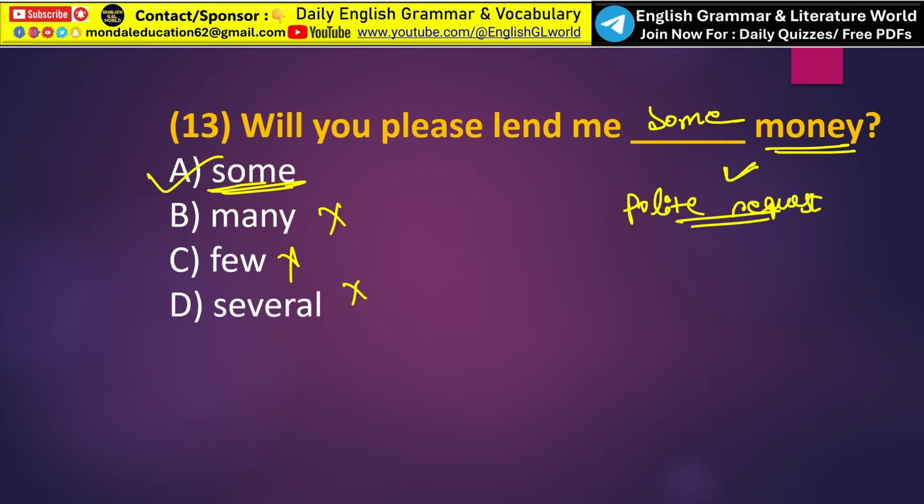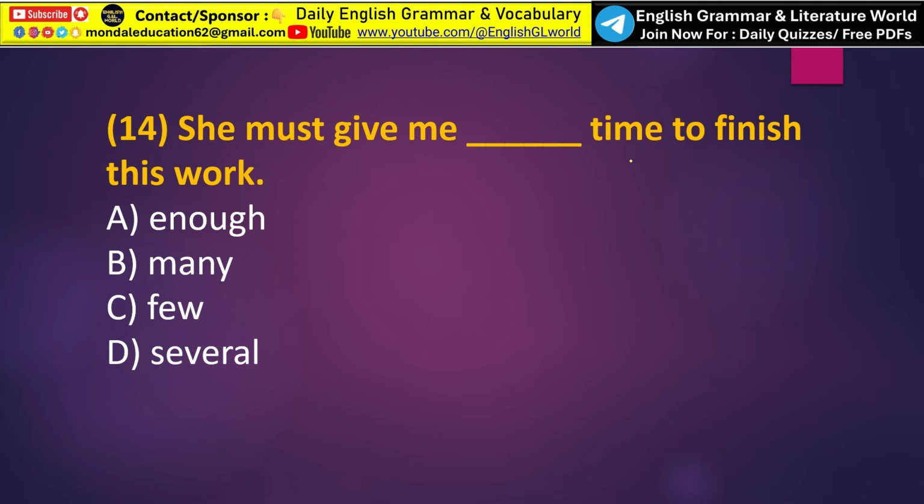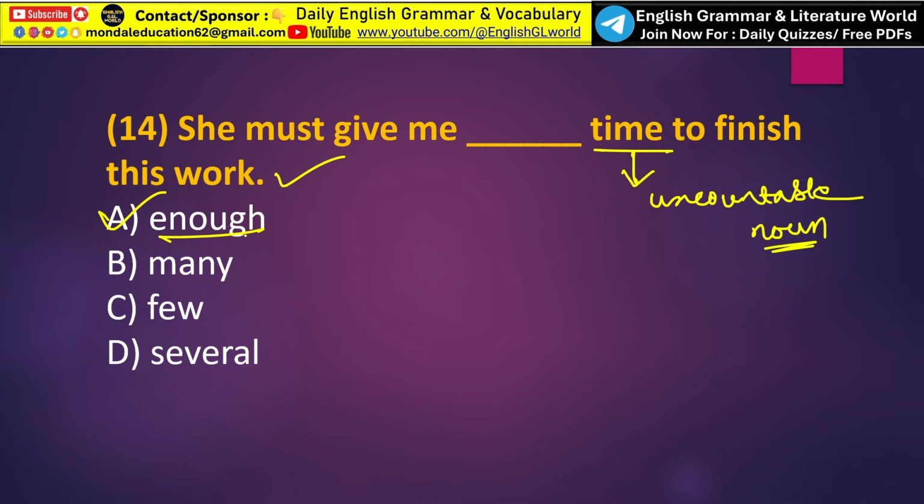Okay, next. She must give me dash time to finish this work. So here, time is an uncountable noun. The sentence means that the speaker needs a sufficient amount of time to complete her work. So the correct determiner is option A, that is enough.